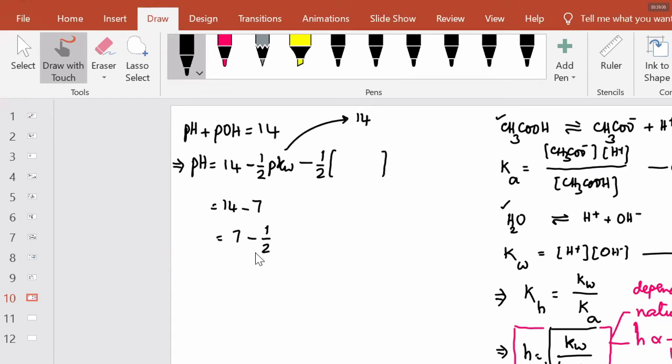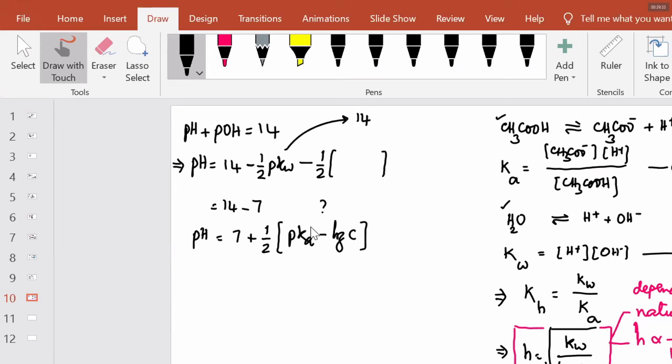Suppose you say, sir, I don't want to take this minus into account, and you want to make it a plus. Tell me what will be the situation? pKa, and this is log C. Please check my symbols there. We got the equation pH is equal to 7 plus half into pK minus log C.